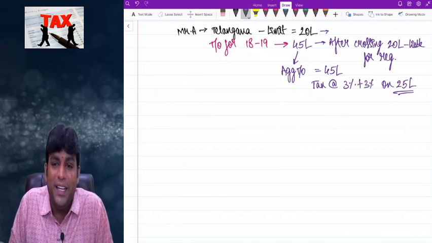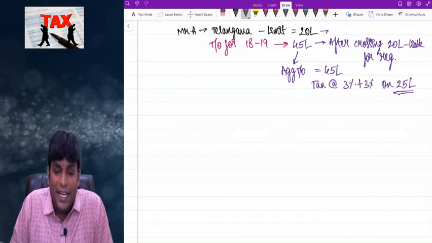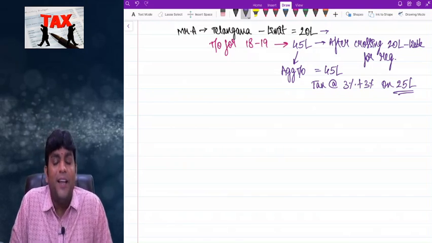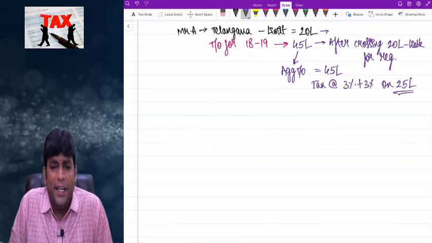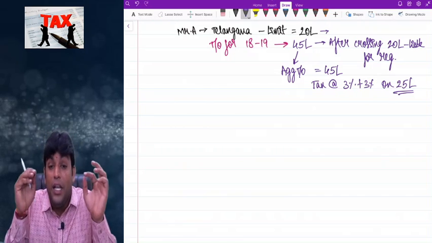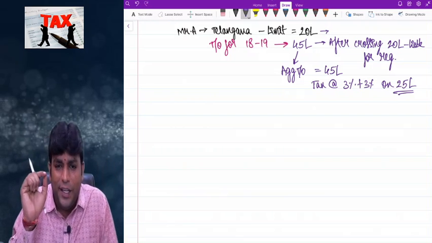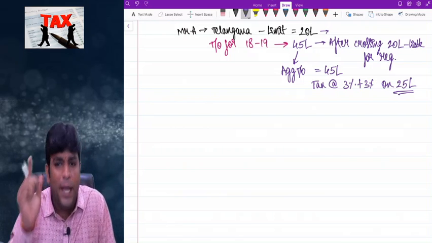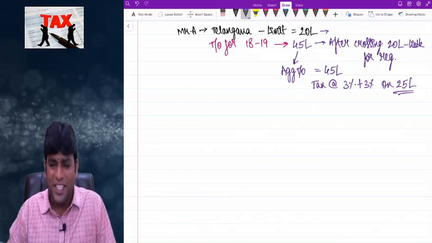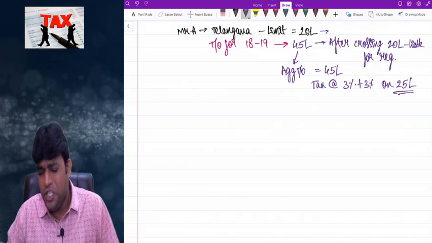That first 20 lakhs will be considered for calculating aggregate turnover, but for the purpose of tax payable, that first 20 lakhs or whatever it is, the limit of registration, will not be considered for determination of tax payable. Very interesting and powerful point, extremely important.